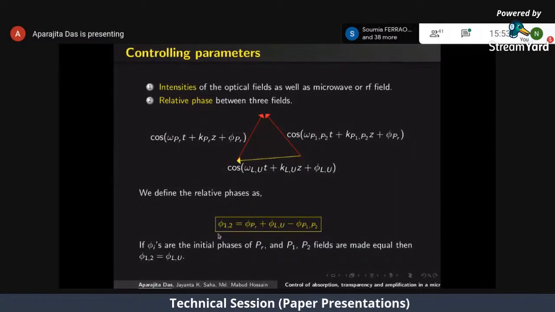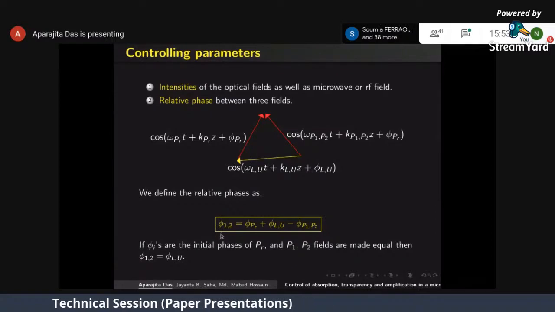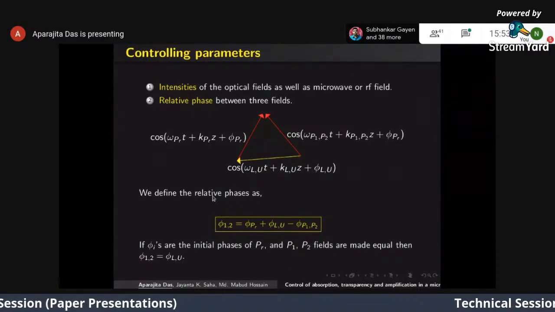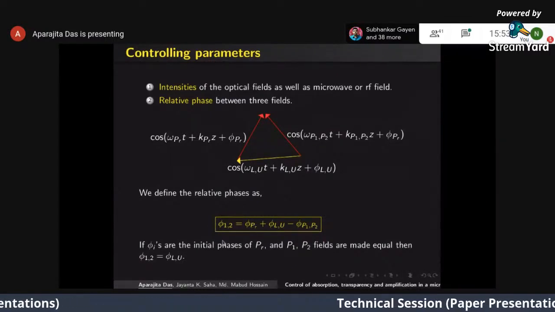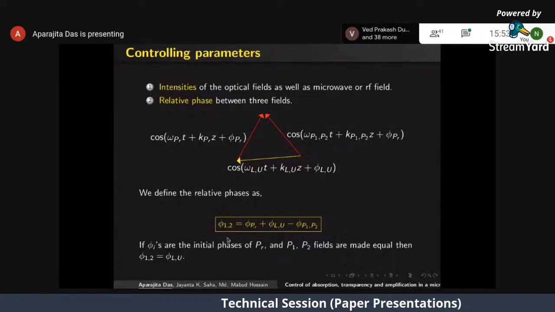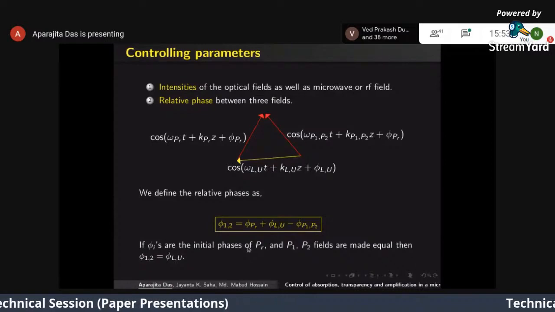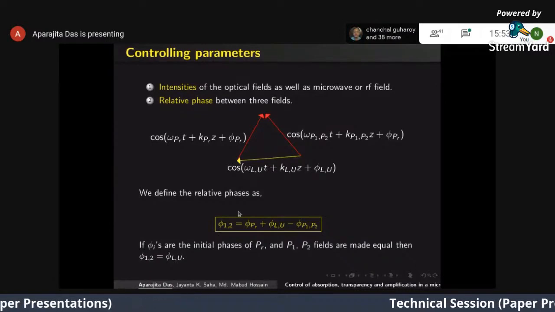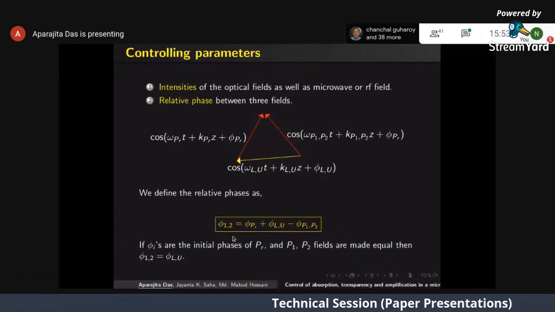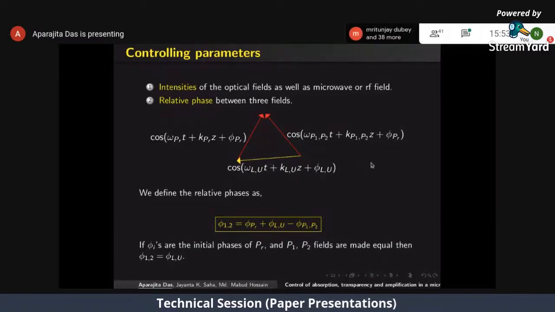Phi 1 corresponds to the relative phase for the delta system of our delta plus inverted delta system, and phi 2 corresponds to the relative phase, or the microwave phase, associated with the upper coupling field for the inverted delta system.